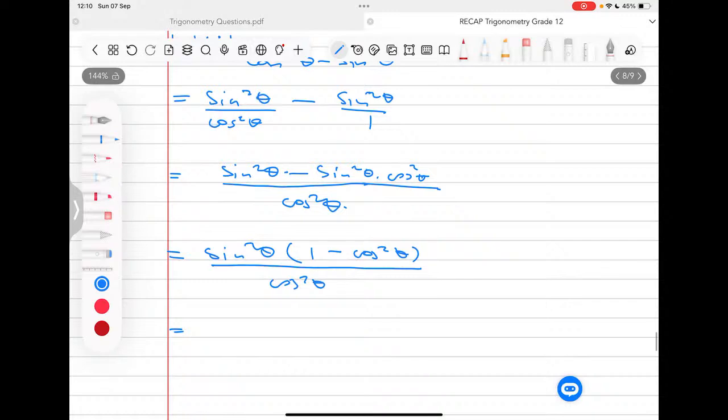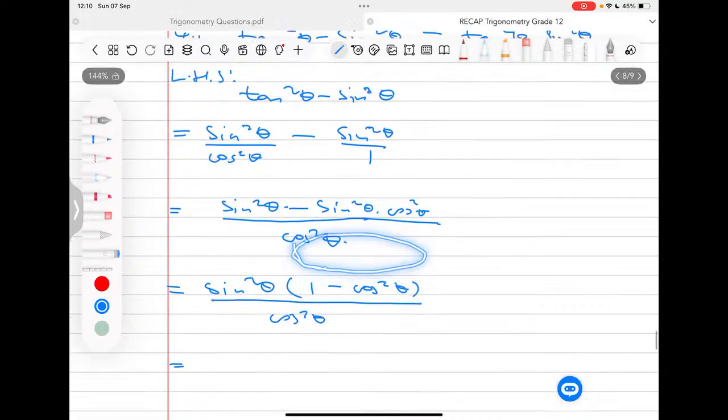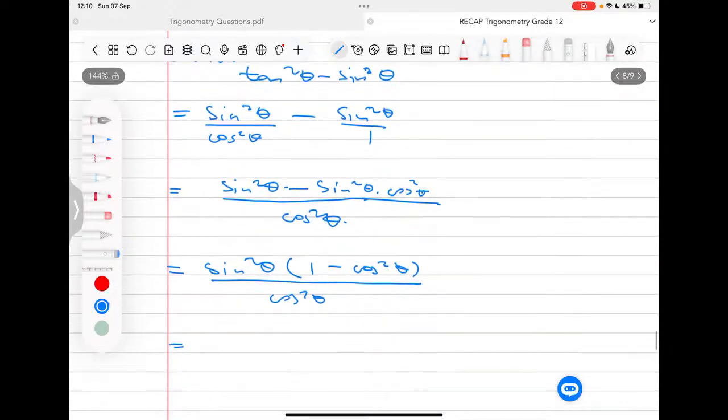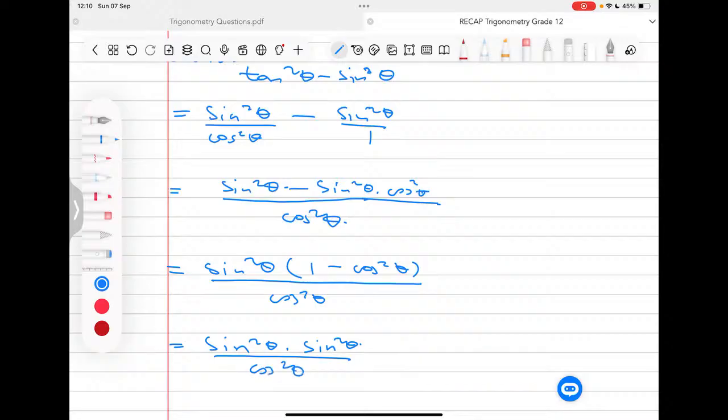I can see that this one here will actually give me a sine squared theta. And I have a sine squared theta here, right? And this one here will be a tangent, right? Can you see that? So here we're going to have sine squared theta times the sine squared theta all over the cos squared theta.